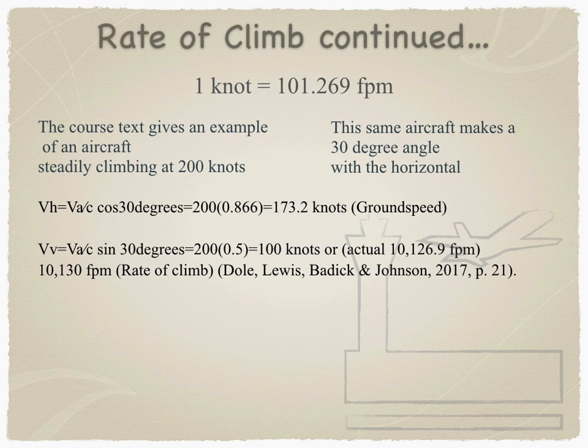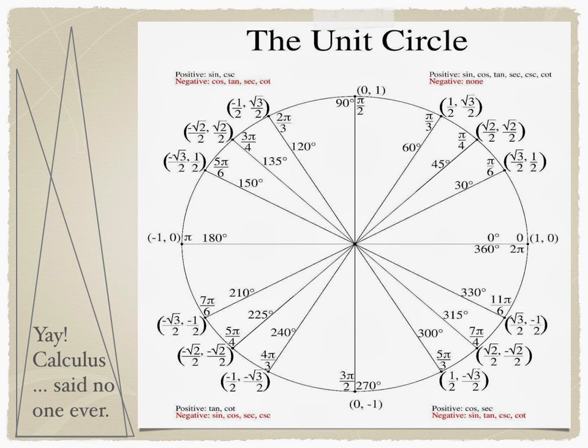So where do they get this 0.5 from? Again, go back to our resource table. We find the unit circle. We find the 30 degrees. And now we're finding the y variable, which would be the 1/2, which in decimal would be 0.5.